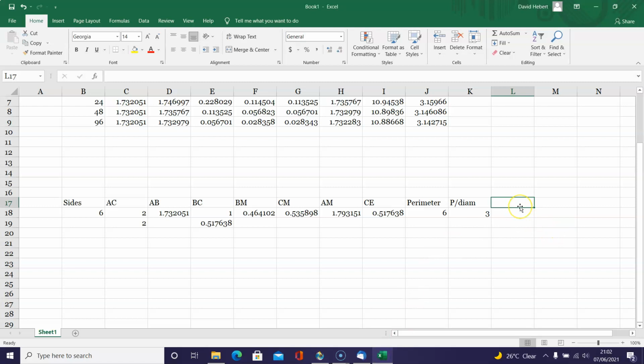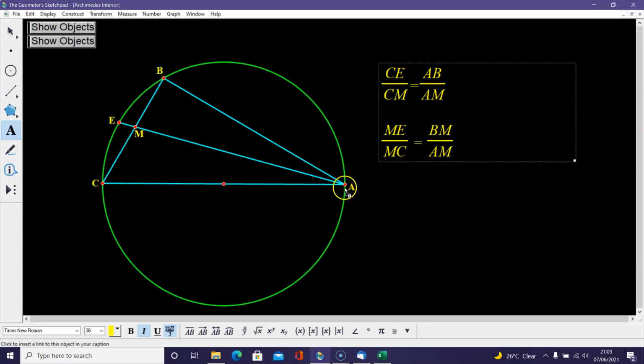So let's come over here, and I know I'm looking for NE, and we said that NE is going to be equal to N to C times B to N divided by A to N. Alright, so here's my NE. Now, if we think about what this gives us, I need to take my AN and my NE, and when I add those together, that becomes my new A to B, because I'm letting this new triangle be represented by this one before.